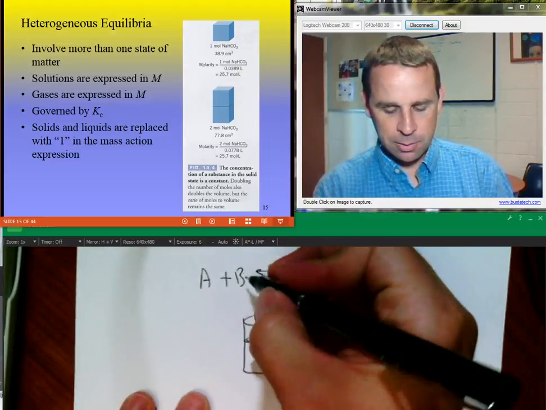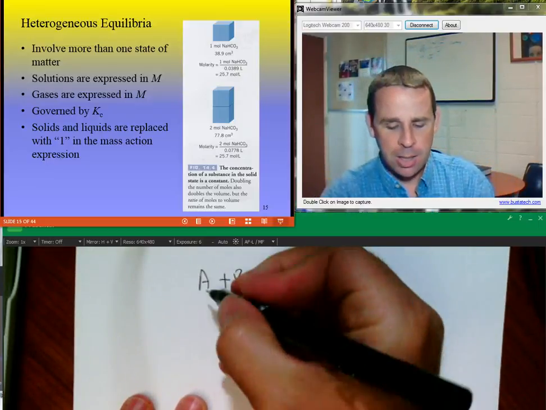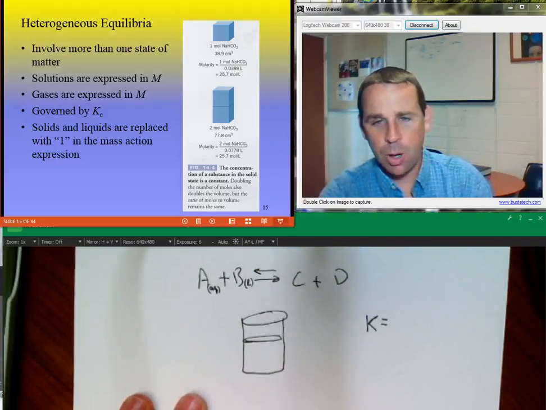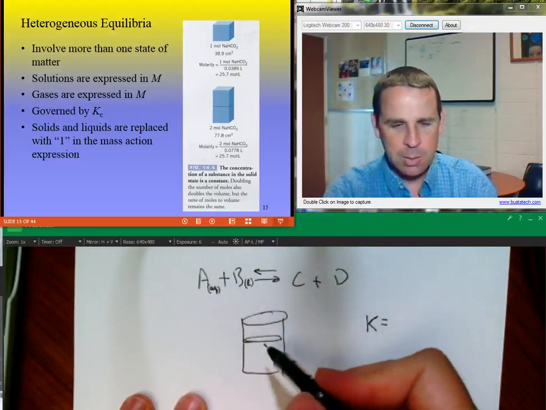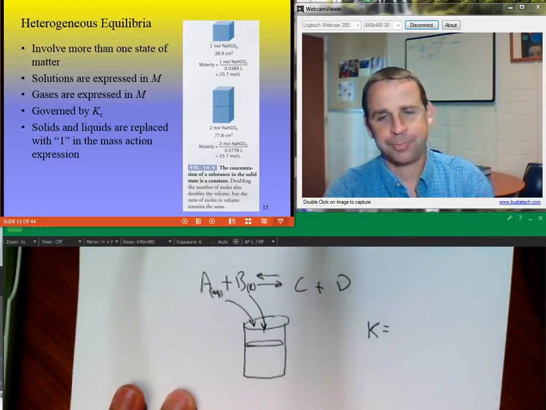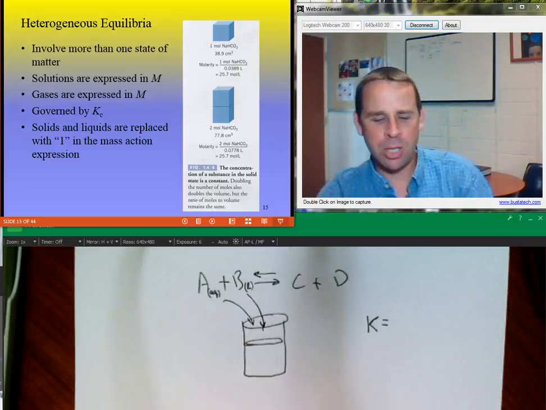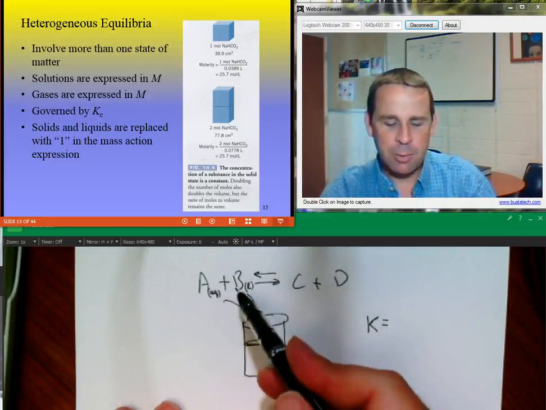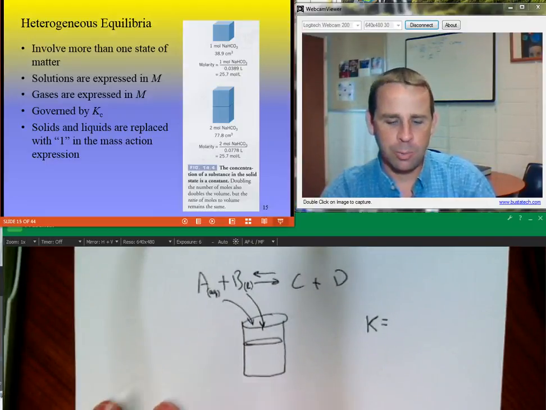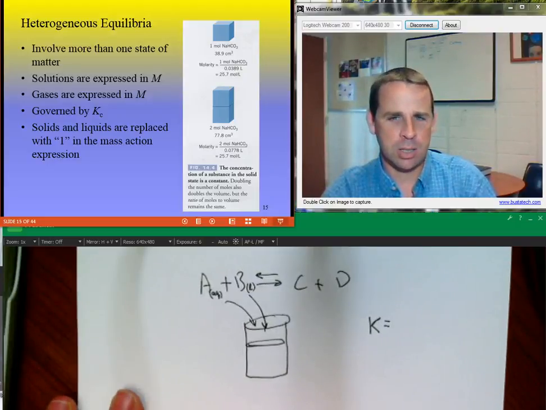If B is a liquid and A is aqueous, maybe B is the water or whatever, and I put these in here to start off with, the concentration of B, even if A reacts with B, is going to be so high relative to the concentration of A that its concentration isn't going to change.